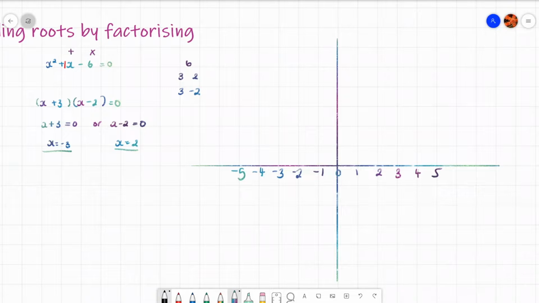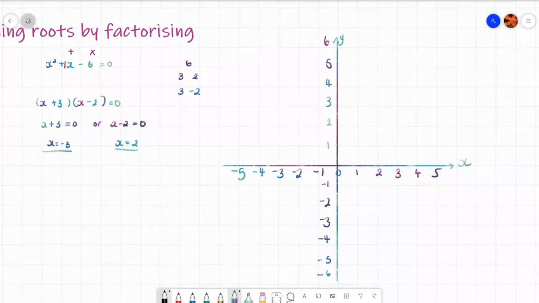Then going up, I'm going to have 1, 2, 3, 4, 5, and 6. Below, minus 1, minus 2, minus 3, minus 4, minus 5, and minus 6. Don't forget to write down y-axis and x-axis there. I'm just going to rub that off because I don't really want that bit.